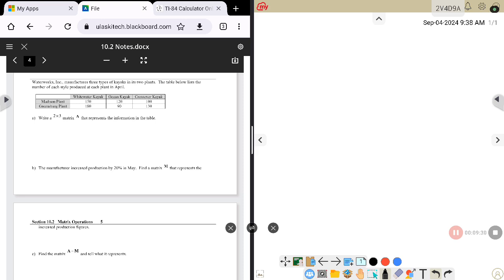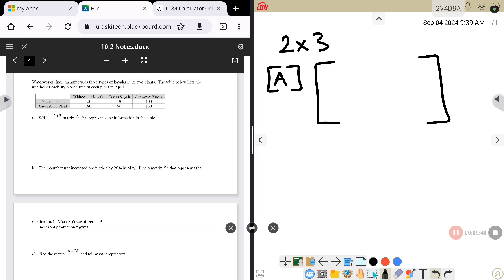So it says to write a 2x3 matrix A. So we're going to call this one matrix A, that represents the numbers in this table. So let's see, 150, 120, 100, 180, 90, and 130.